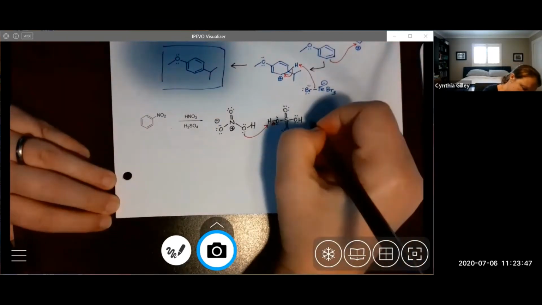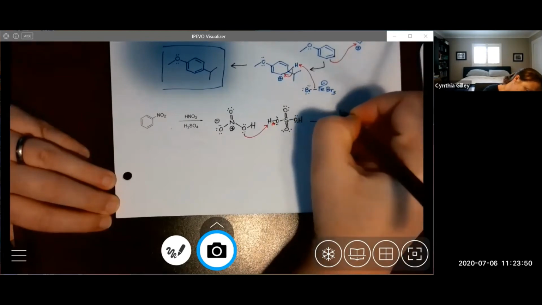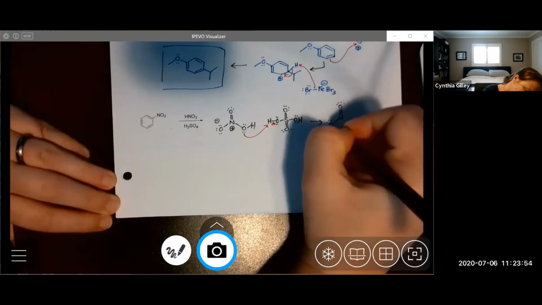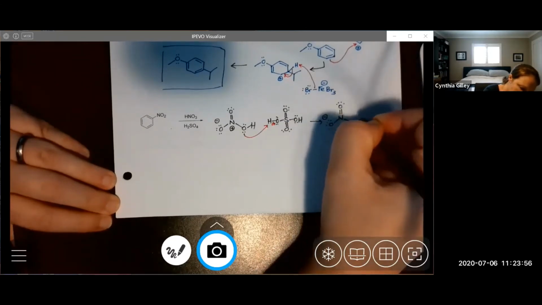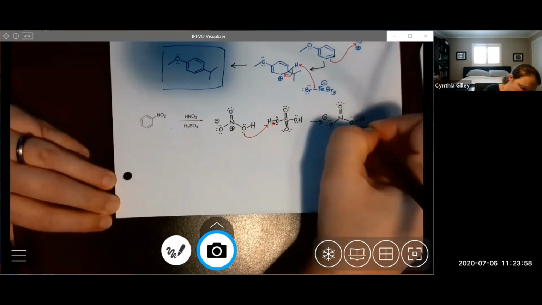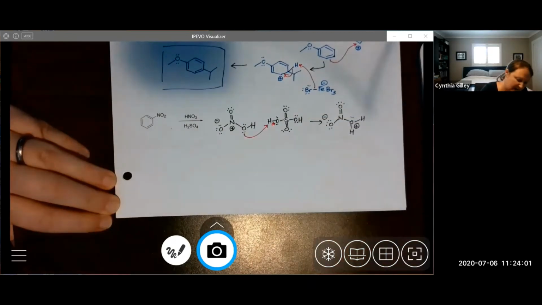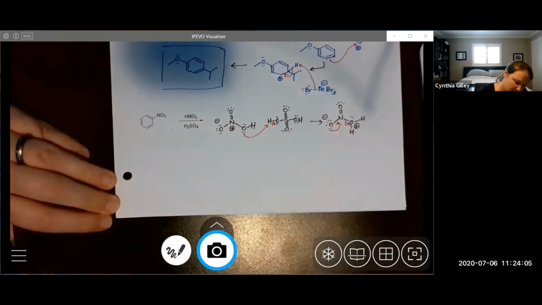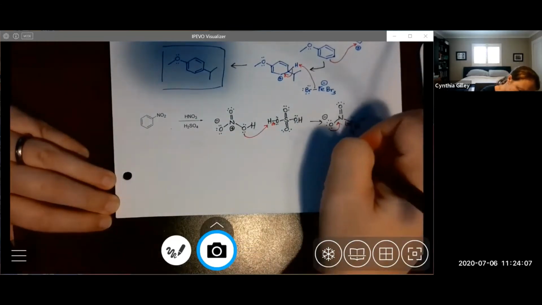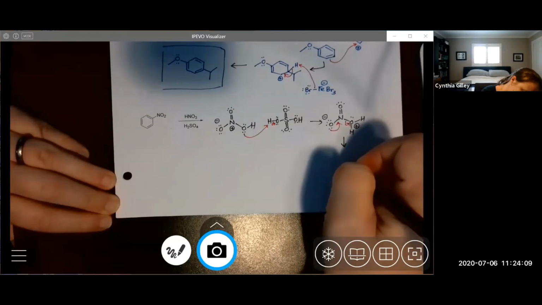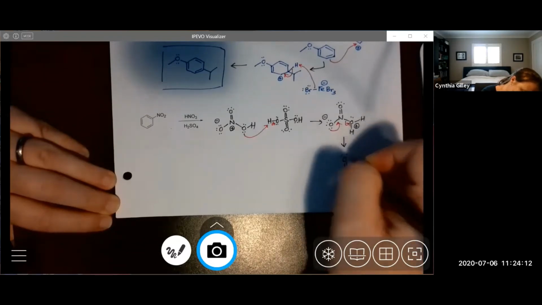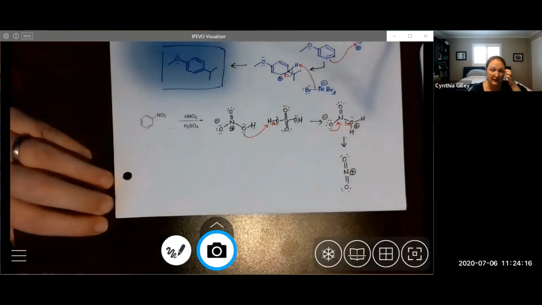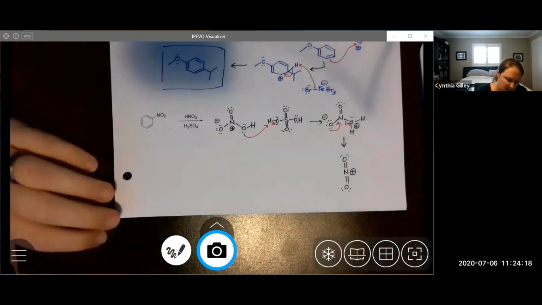Protonating nitric acid generates a good leaving group, which can now leave. That gets us our active electrophile. The nitrogen here is very electrophilic. We pick out water.